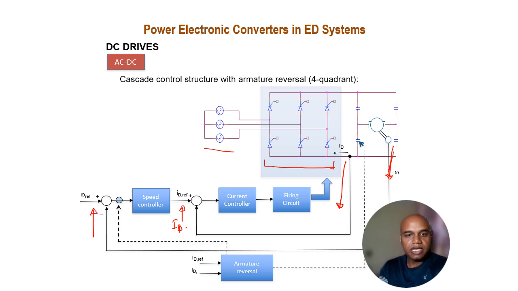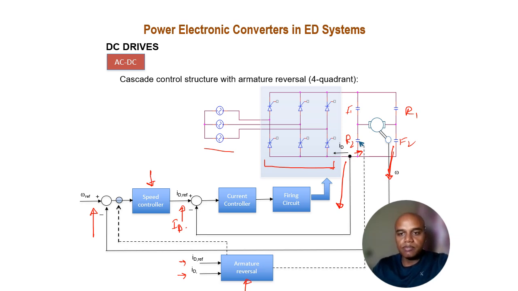With the ID reference and ID over here, I can have the controller, and one more controller for the armature reversal, just to rotate my rotor in the reverse direction. This is F1, F2, and this is R1 and R2, so we can control the reverse direction using this. However, for controlling the speed and all those things, we have a separate controller over here.